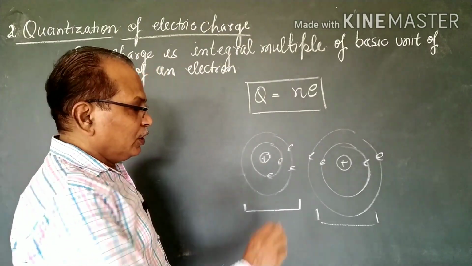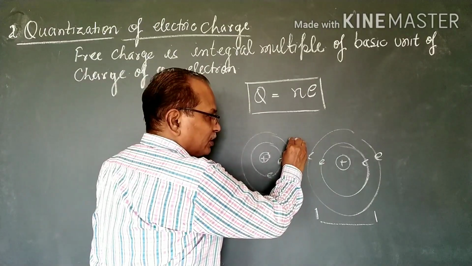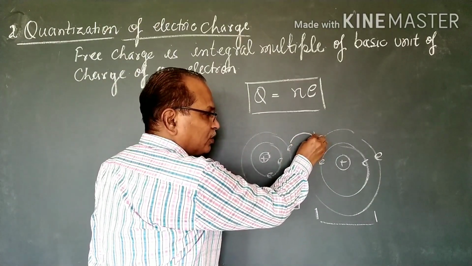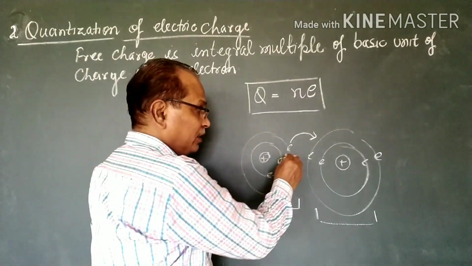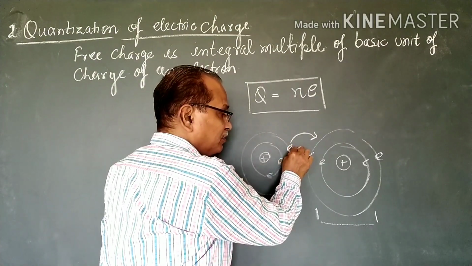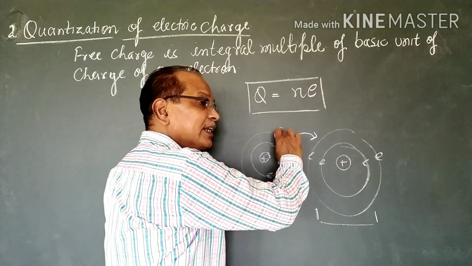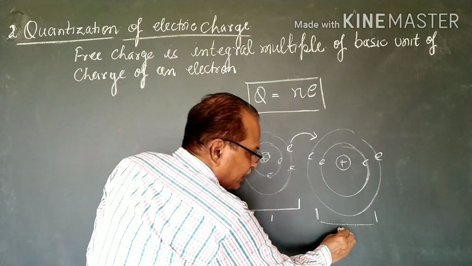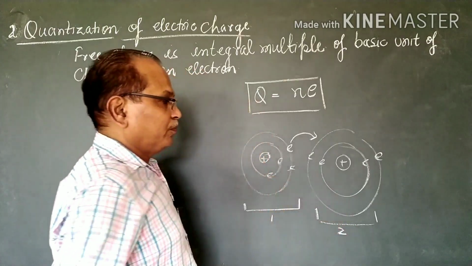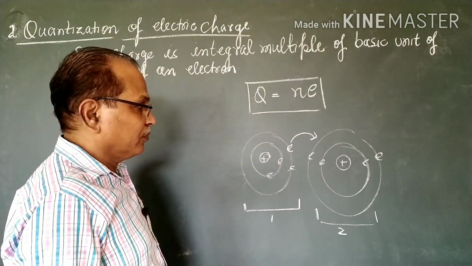Now, if you transfer a charge from atom 1 to atom 2, here, to transfer a charge means you are transferring an electron from atom 1 to atom 2. So what will happen?